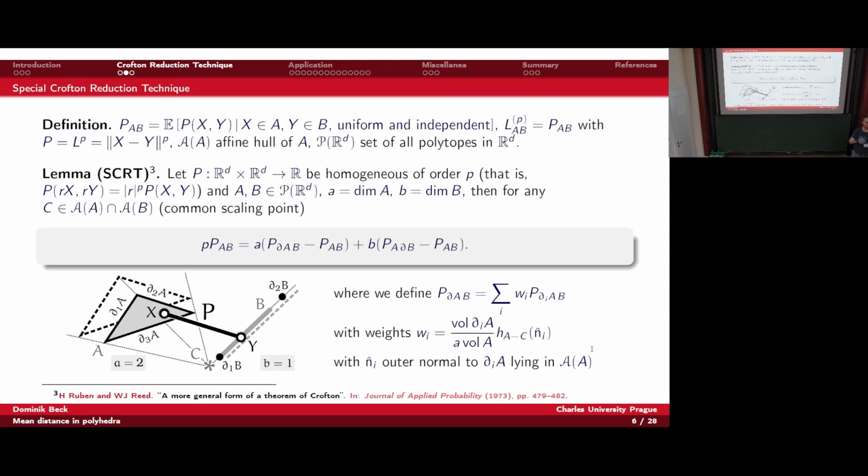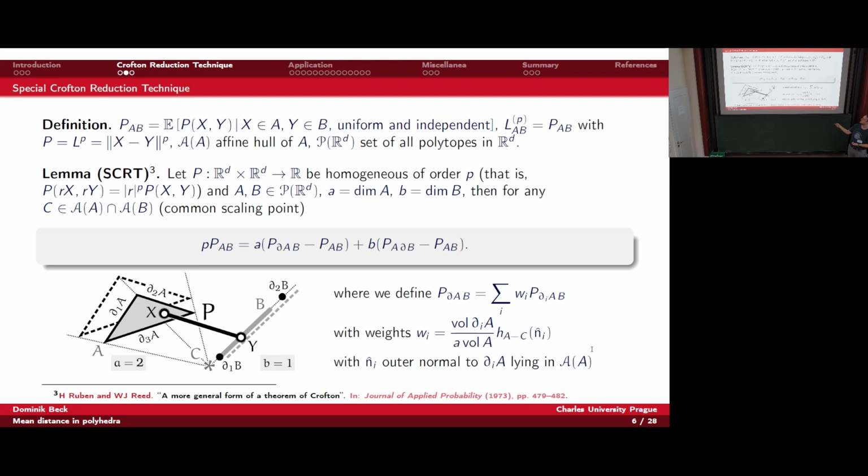And then you switch those points, and the linear combination of it gives you the actual mean distance between 2 points in the interior. You can write it elegantly with this very simple equation, where P_AB stands for the mean value, or the expected value, of the function P, where you select x from A and y from B uniformly and independently.